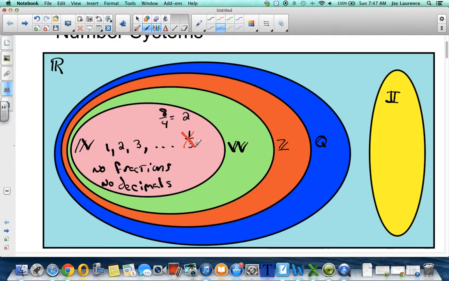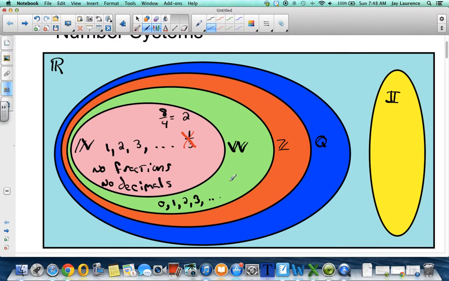All right? Now we have the whole numbers, and the whole numbers are just like the naturals, except they include 0 also. 0, 1, 2, 3, and so on. Now, an interesting thing to note, the reason I like this Venn diagram so much, if I'm in the pink circle or oval, am I in the green oval? Yeah, I sure am. This 2 is here, and it's also there.